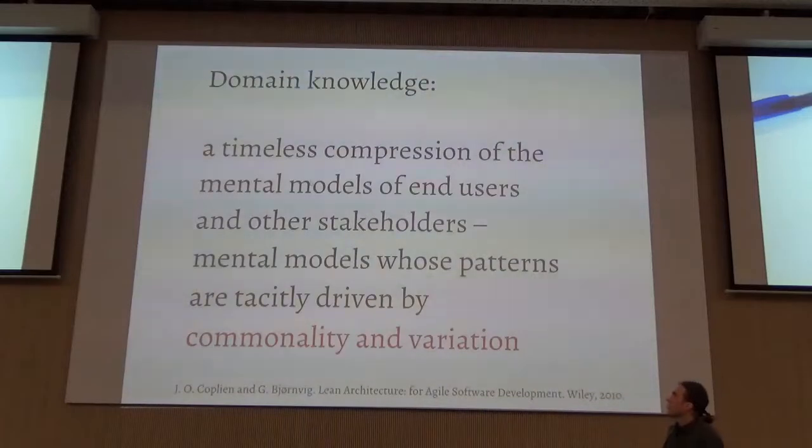Also, I showed you this clean and yummy definition of what domain knowledge is, because we need to explore the domain knowledge. So what the domain knowledge is, in their words: a timeless compression of the mental models of end users and other stakeholders. Mental models whose patterns are tacitly driven by commonality and variation.